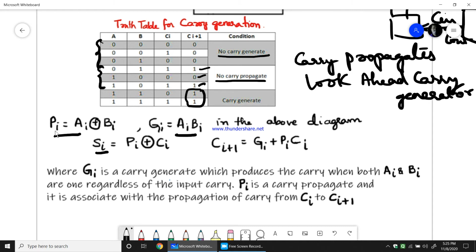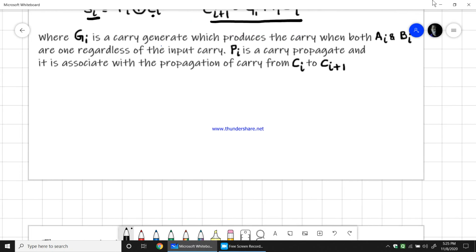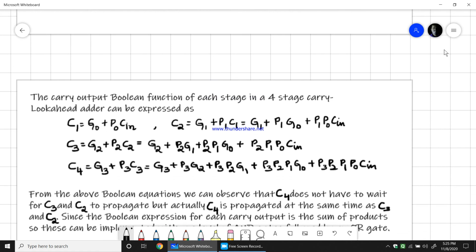Whereas sum is nothing but Pi XOR Ci. Whereas the carry which is given to the next full adder is written as Gi plus Pi Ci. Now with these equations, we will see how the look ahead carry can be generated here.